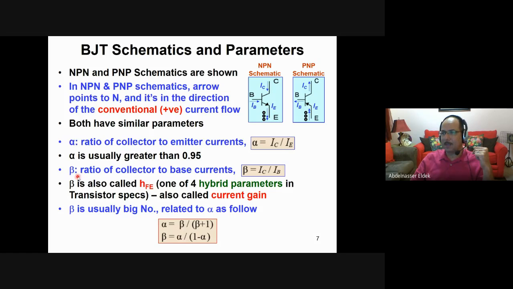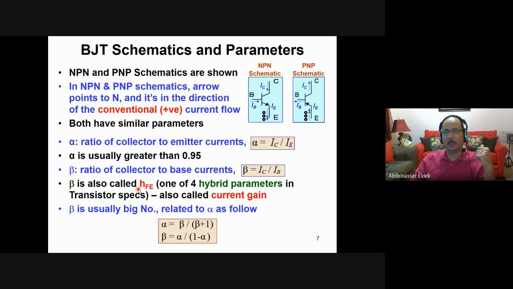Beta is the ratio between the collector current IC divided by the base current IB. IB is very small, so in this case beta is a big number. Beta is IC divided by IB, usually 100 or 200.